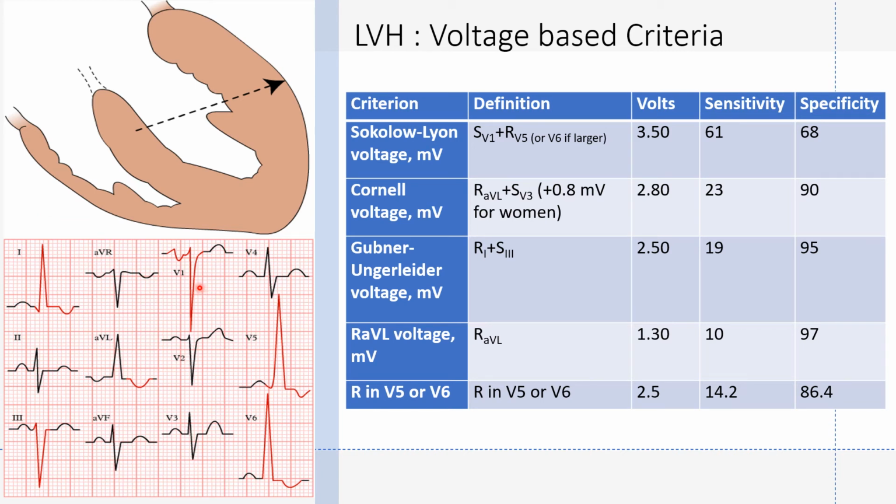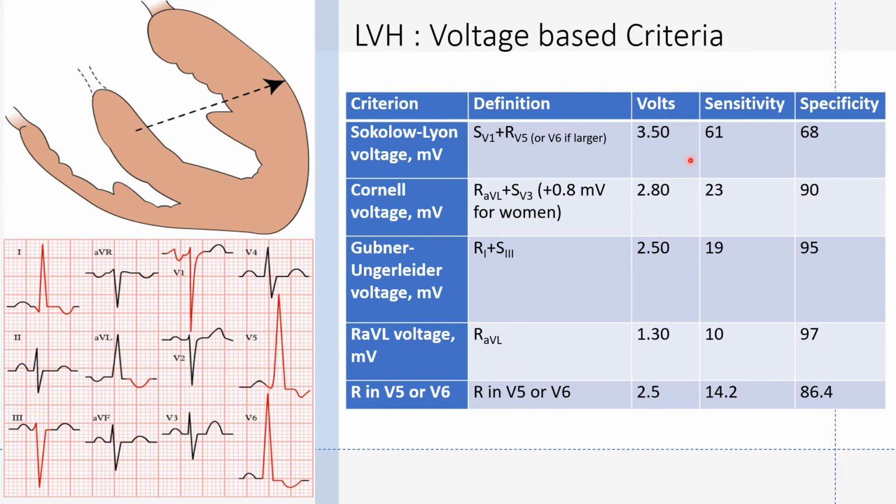As you can see here, there is a large S wave in V1 and a very large R wave in V6. So using that, they have come up with several different criteria, as you can see here. As long as you know the general principle of left ventricular hypertrophy voltage criteria, which is basically large S waves in V1 and large R waves in V6, in addition to sometimes seeing large R waves in lead 1 as well, you can always look up these criteria on Google or just search for them.